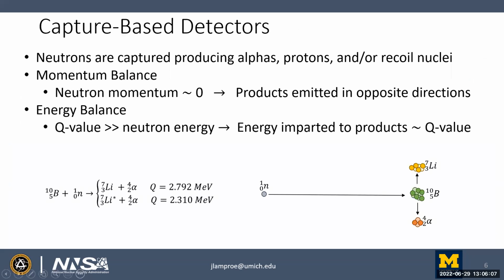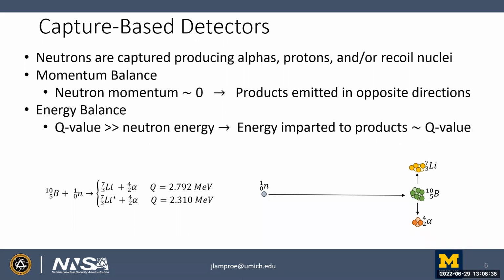We'll start with regular capture-based detectors. Here neutrons are being captured by something, usually boron, lithium, or helium, and then you're producing alphas, protons, and recoiled nuclei. What's important about this interaction is that the neutron momentum is basically nothing, so your products are emitted in opposite directions, a complete 180 of each other.